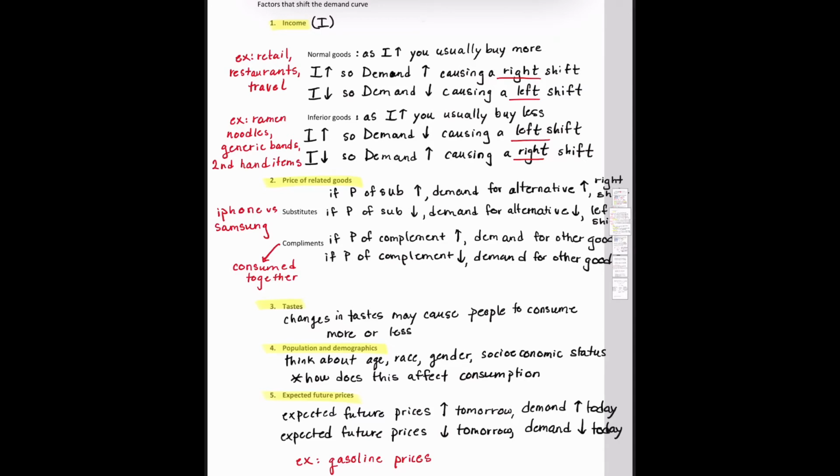So I put some examples out here by the side of normal goods: retail, restaurants, travel, designer goods, versus inferior goods: ramen noodles for college students, generic brands, secondhand items, thrift store items, used furniture. Those things can be classified as inferior goods.